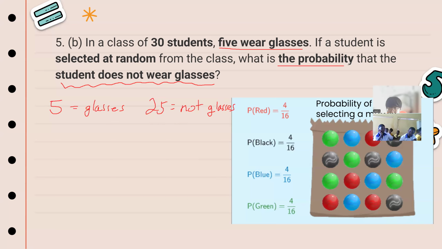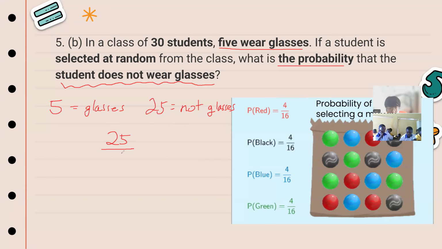So what is the probability that the student does not wear glasses when selected at random? We have 25 as the number of students not wearing glasses.